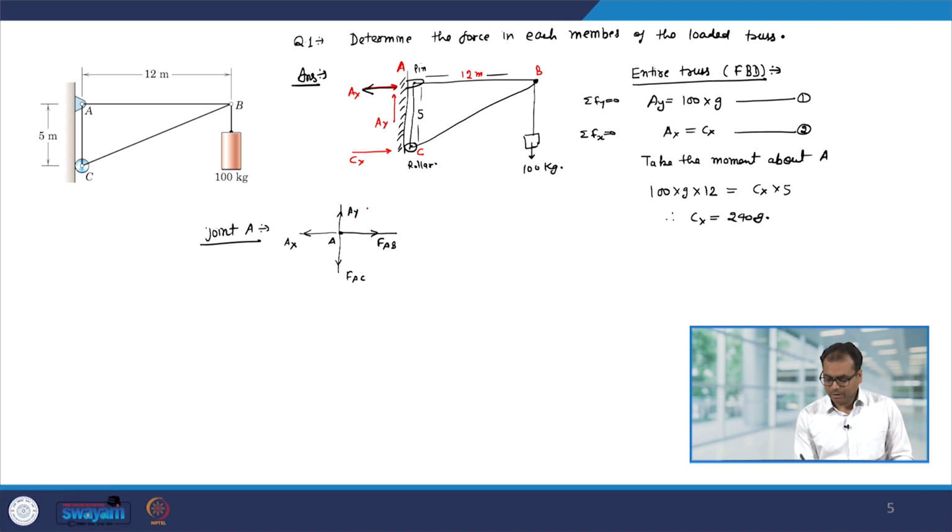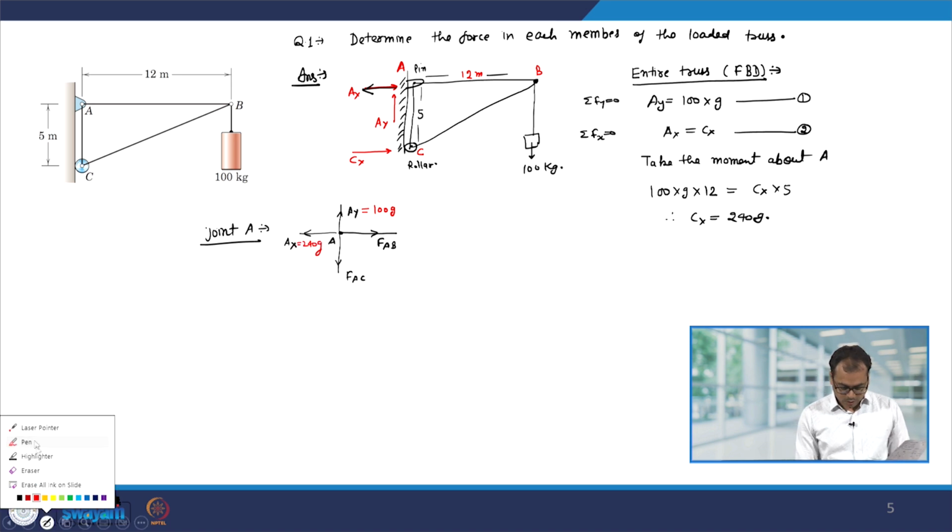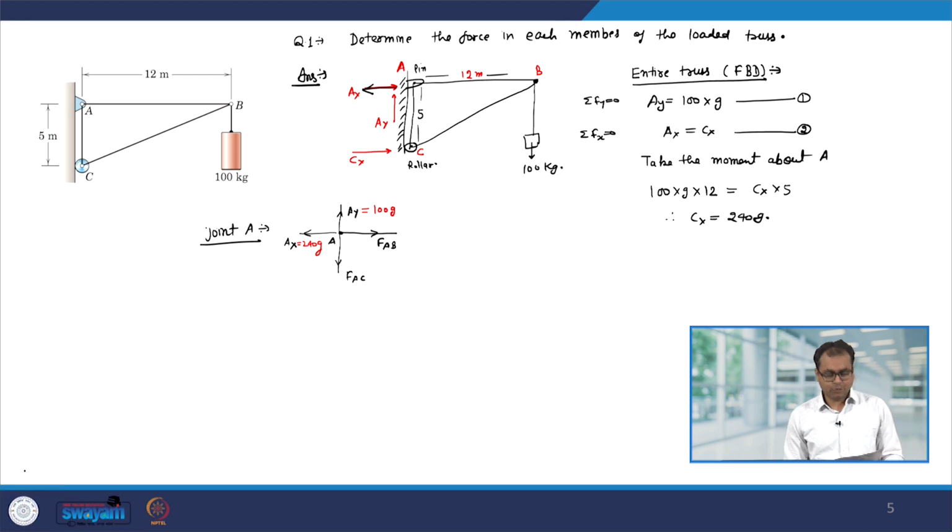For example, Ay I have calculated, this is 100 g, and Ax we also know because the value of Ax is equal to Cx and Cx is 240 g. So, this makes the free body diagram of joint A, and now we can balance the forces. You can see that FAB is nothing but 240 g and FAC is equal to 100 g. So, we have found out how much force is acting in AB and AC.